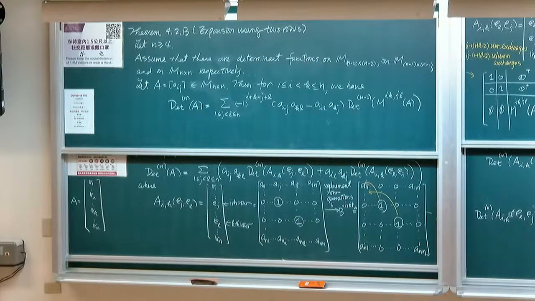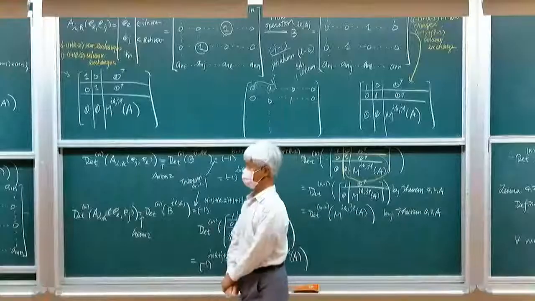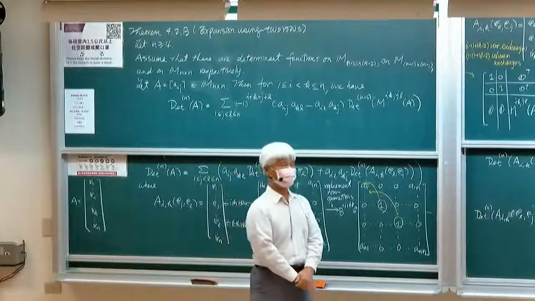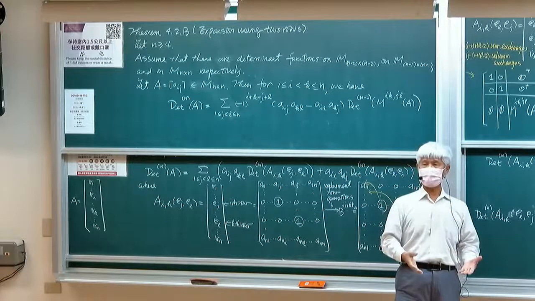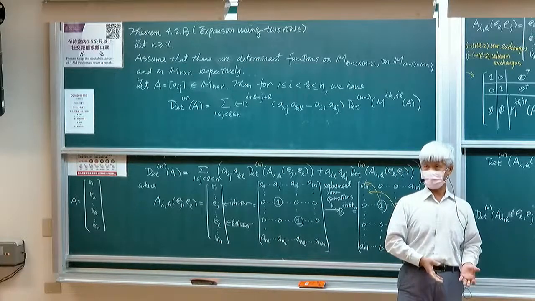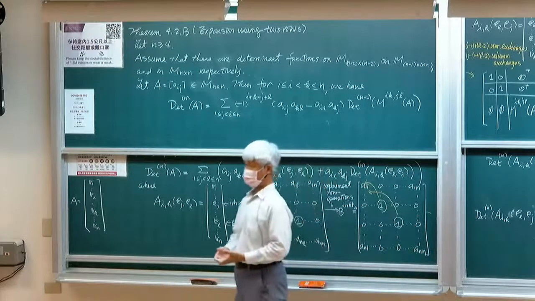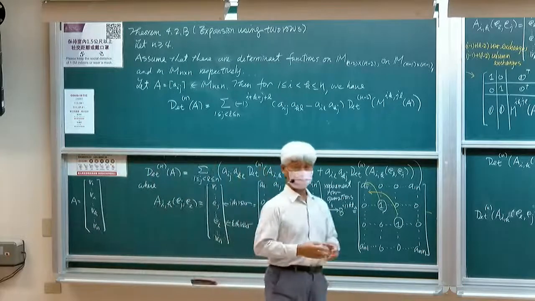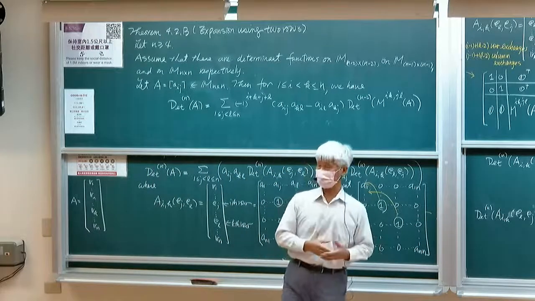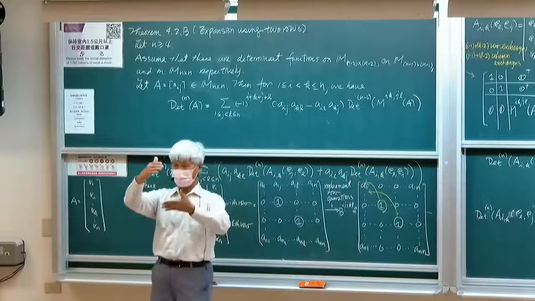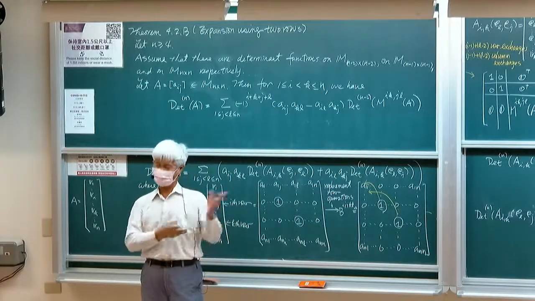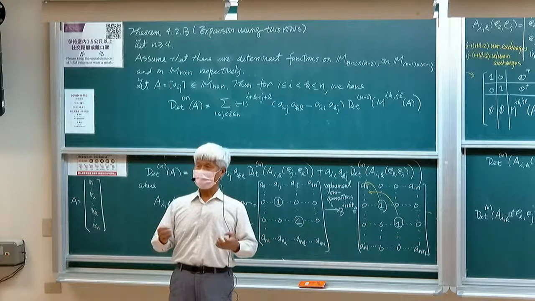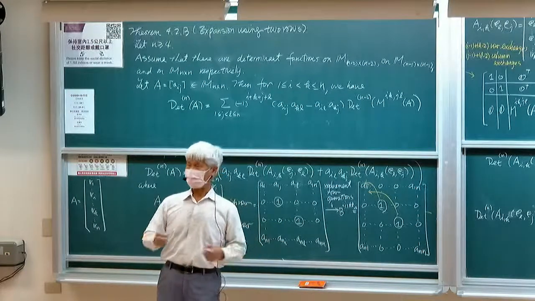If you read through this example, you will see that if you want to give a direct proof, you have to verify axioms 1, 2, and 3, right? Especially verifying axioms 2 and 3 will take much effort as the order of the matrices becomes bigger and bigger. For example, in example 4.2.2, I spent 3 pages, I think, to verify that all possible replacement operations will not change the determinant.